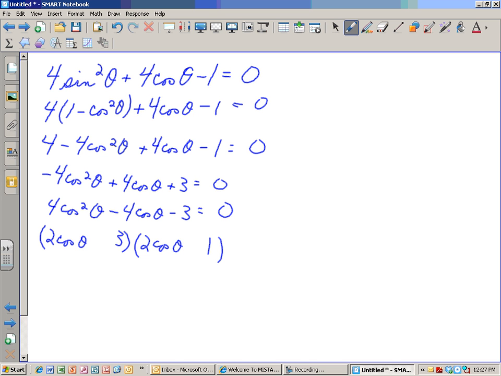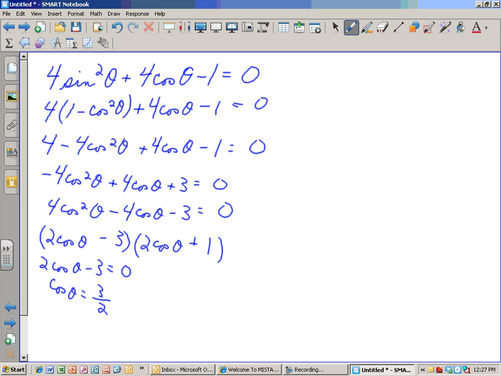I believe that's right. Okay, I think I can get that middle term. 2 cosine minus 6 cosine is negative 4 cosine. All right. So 2 cosine theta minus 3 equals 0. Cosine theta equals 3 halves.